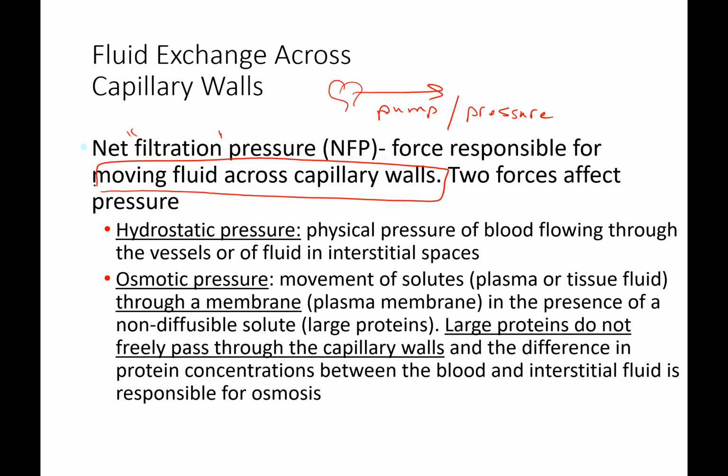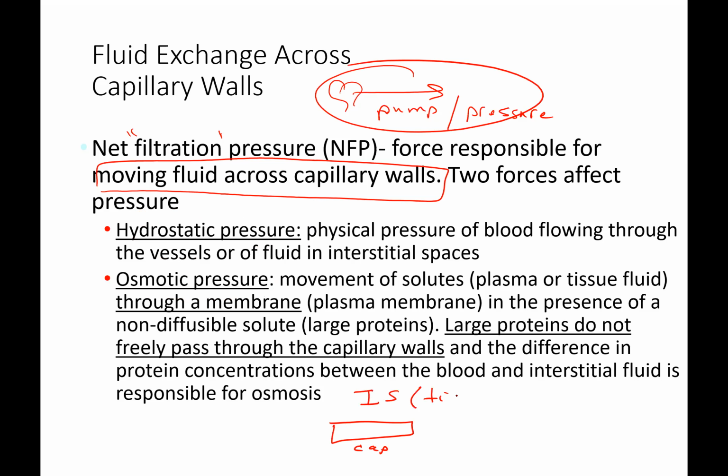There are two forces responsible for this, the hydrostatic pressure and the osmotic pressure. The hydrostatic pressure is the physical pressure of blood flowing through the tubes, going back to the heart I drew, the physical pressure of blood flowing through the vessels and then the fluid into the interstitial space. Here's your capillary and here's the interstitial space.